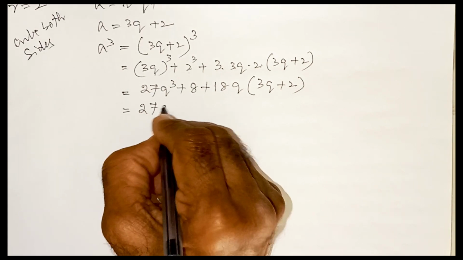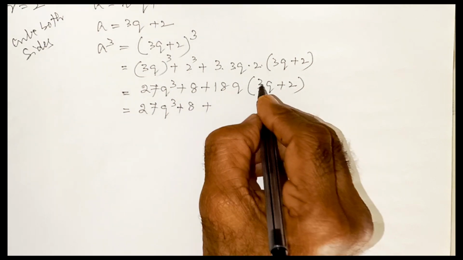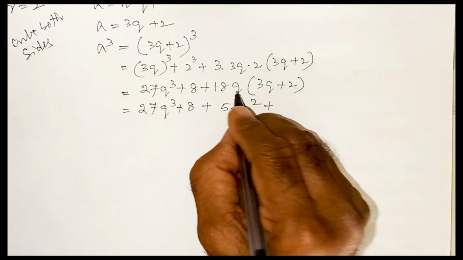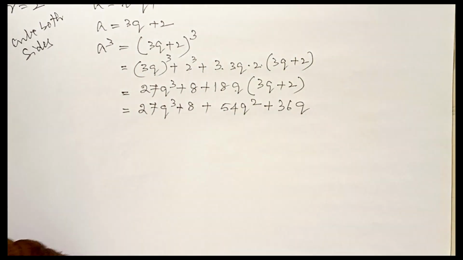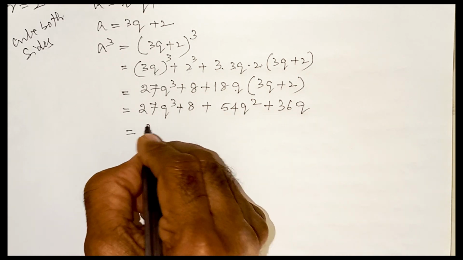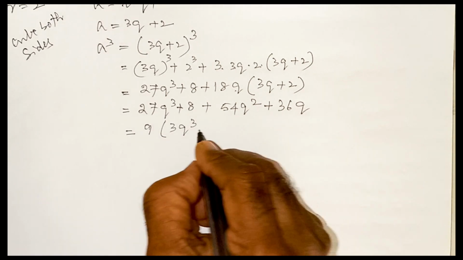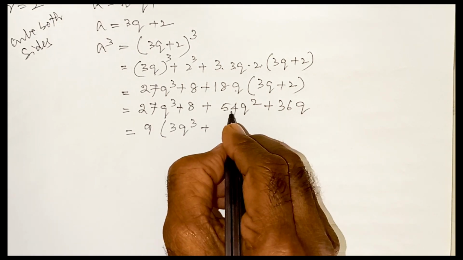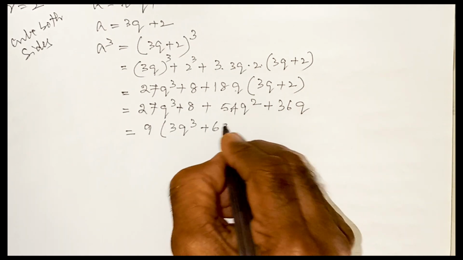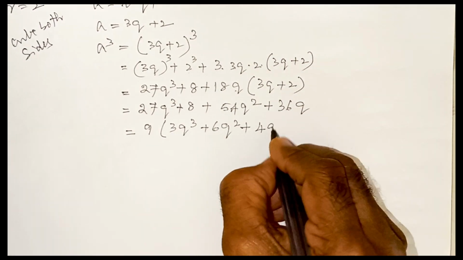Again further, 27q cube plus 8 plus 18 into 3 is 54 q square plus 18 times 2 is 36q. Here we take out 9 as a common factor: 3q whole cube plus, for 54 we take 9 times 6, 54 q square, plus 9 times 4, 4q.